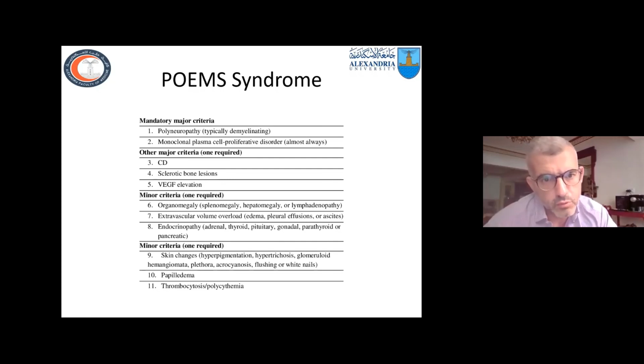Again, we have a monoclonal plasma cell proliferative disorder, and other major criteria, one of which must be there: the VEGF elevation, sclerotic bony lesions, and the CD. Other minor criteria: the organomegaly, extravascular volume overload, and the endocrinopathy. Of the minor criteria, also one is required to diagnose the POEMS syndrome: the skin changes, the papilledema, and the thrombocytosis or the polycythemia.